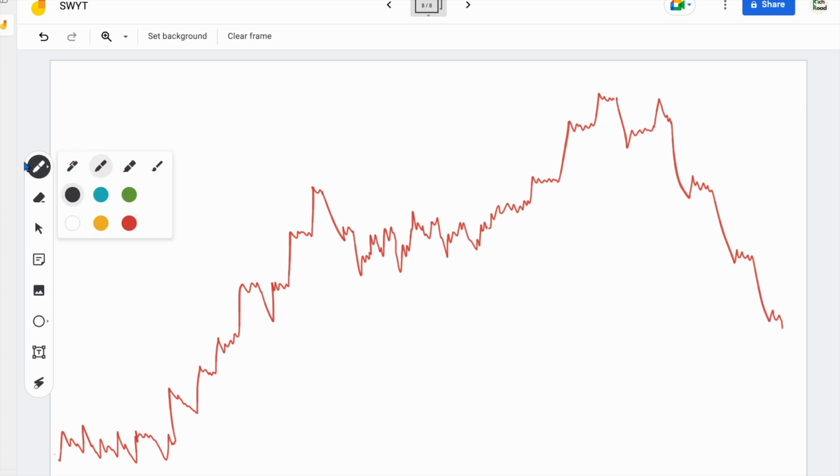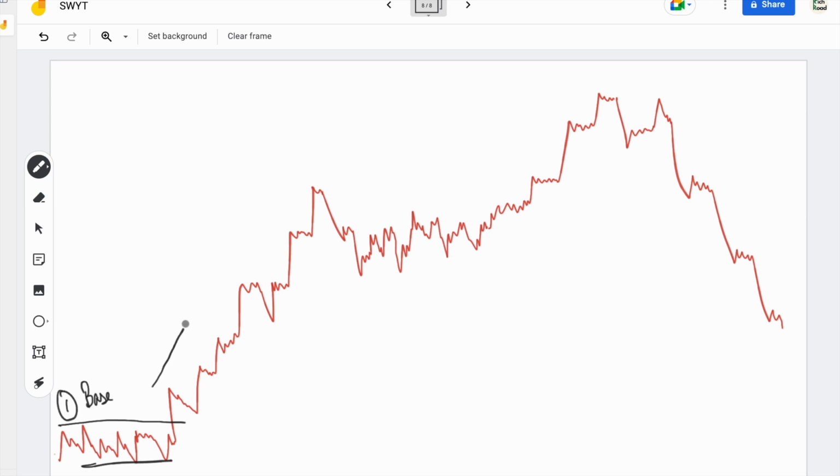You, as just a reader of the book, would think that, okay, this is a good basing area. So one, base area. Second, you say, okay, good up move. So second, advance phase.